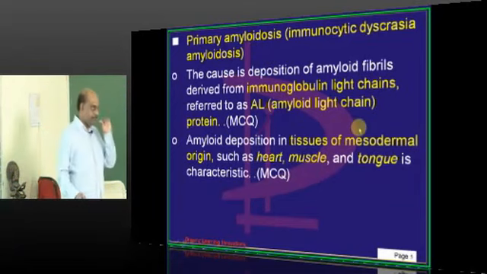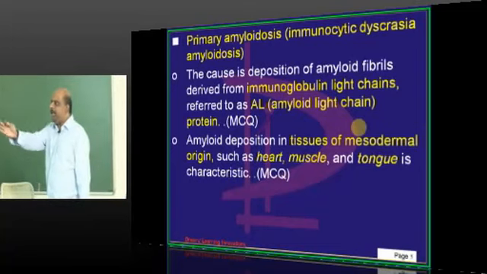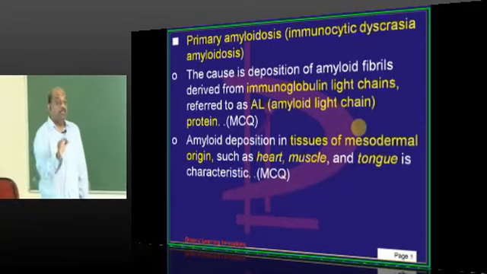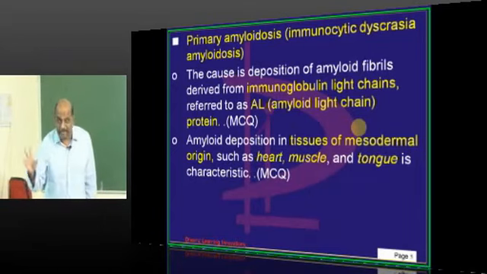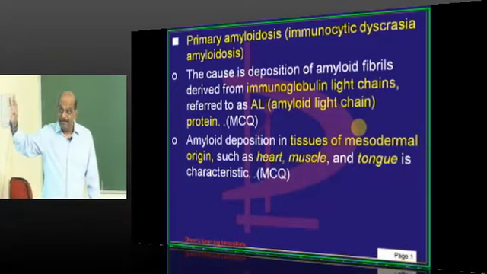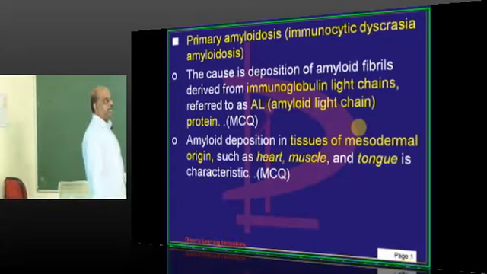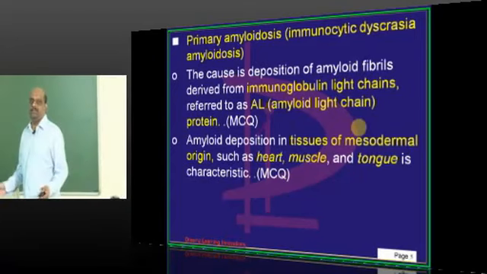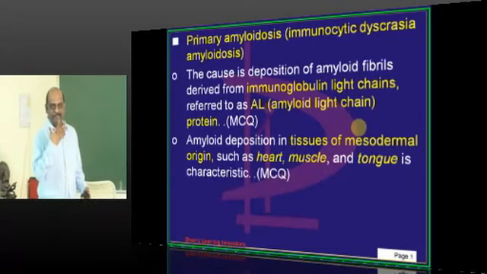Another important thing, a commonly asked question in exam. In primary amyloidosis, in which viscera do you find amyloid deposition? Primary amyloid will deposit in different viscera and secondary will deposit in different viscera. You need to be very clear when you go to exam. Tissues of mesodermal origin: heart, muscle, tongue, macroglossia.